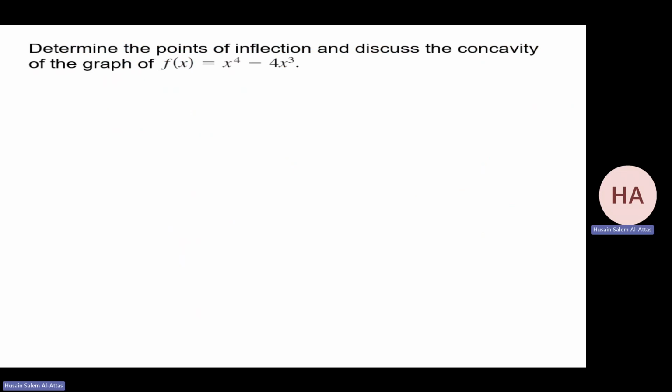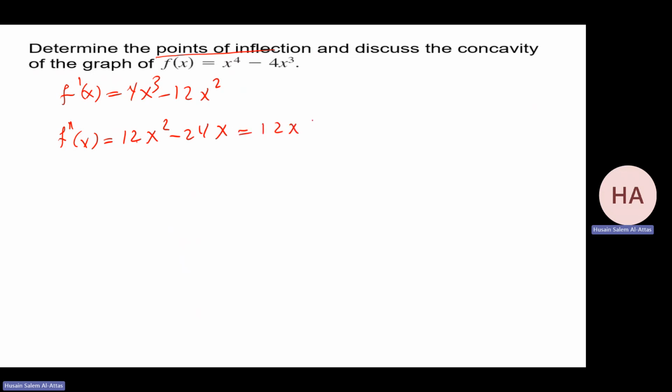Now we'll discuss the points of inflection. Now we need also to find the points of inflection for this function. Okay. Now I have f prime as 4x cubed minus 12x squared. f double prime, I have 12x squared minus 24x, which is what? 12x times x minus 2. So f double prime equal to 0. By the way, the domain of f is all real numbers.